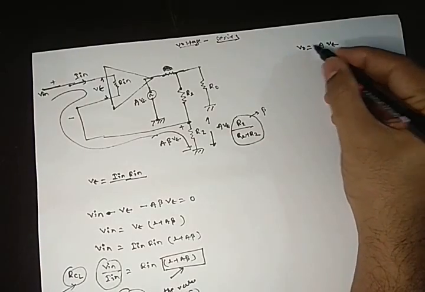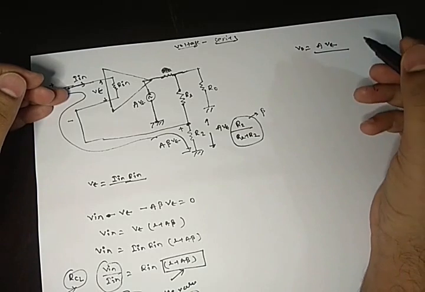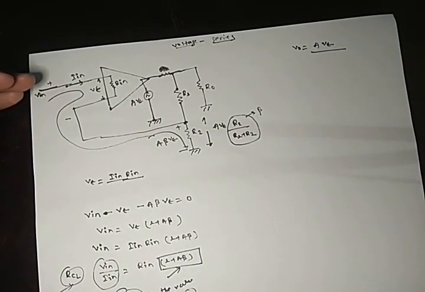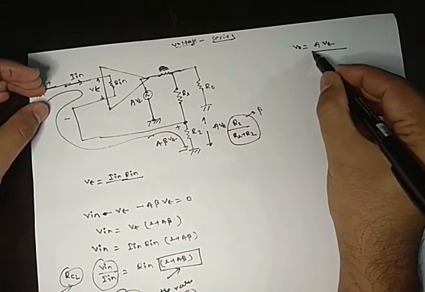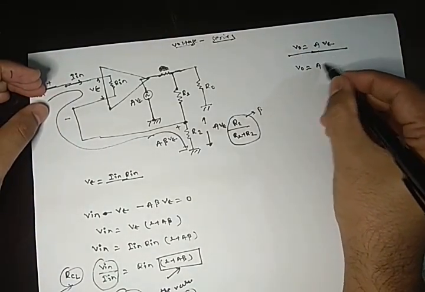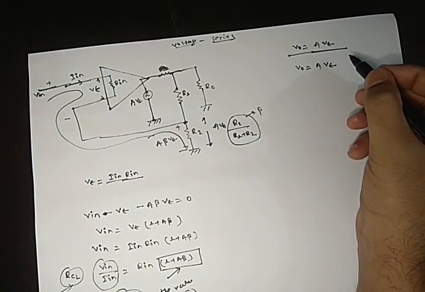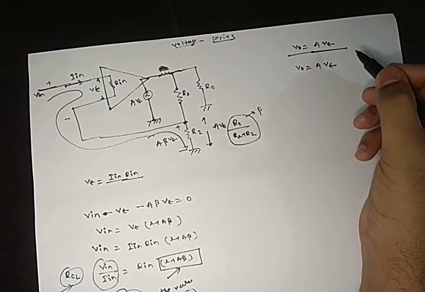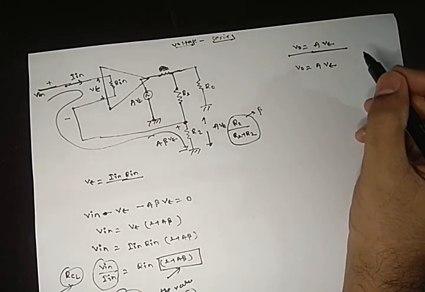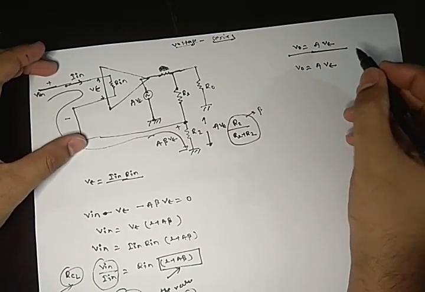Now this is A. Now we have V naught is equal to A into B epsilon. Now can we do anything about this one? V naught is equal to A into B epsilon. Now we can say R naught is nothing but the output impedance.